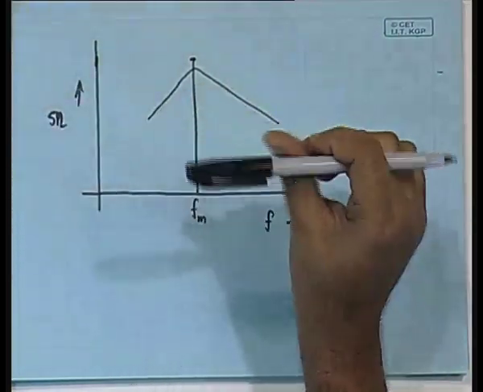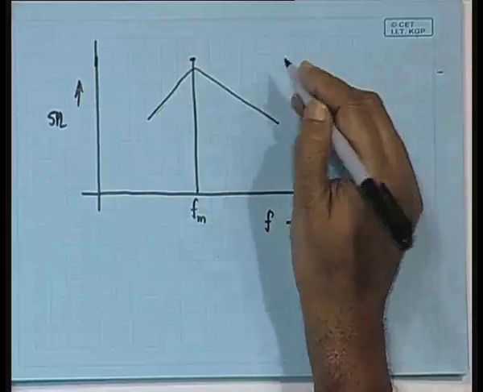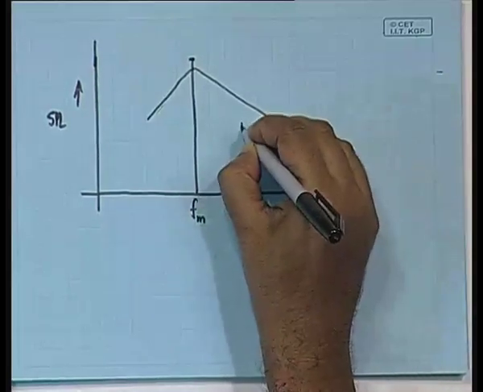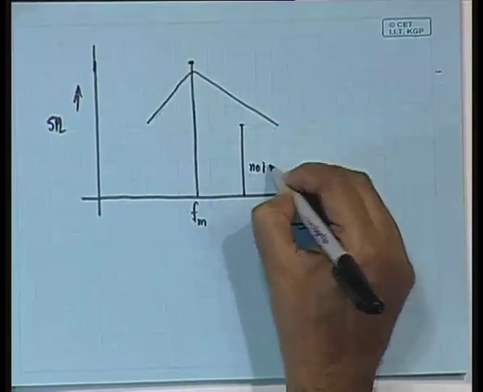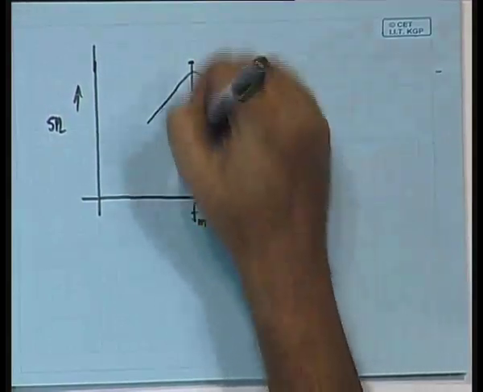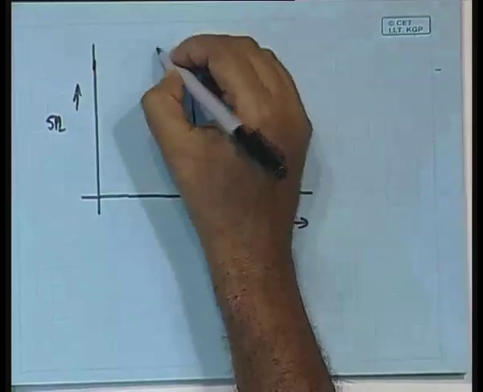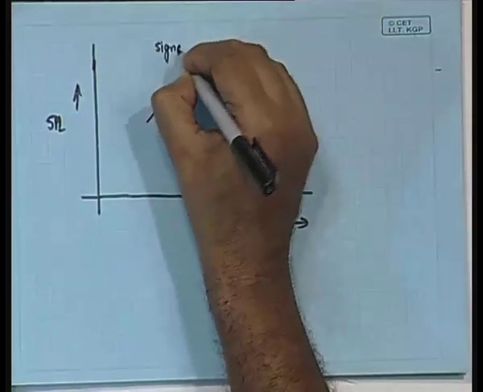Now, supposing we have got a noise source that is present over here. So, say this is our noise, and the masker happens to be the signal.